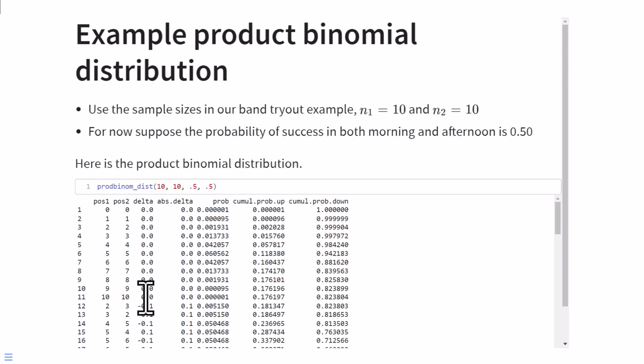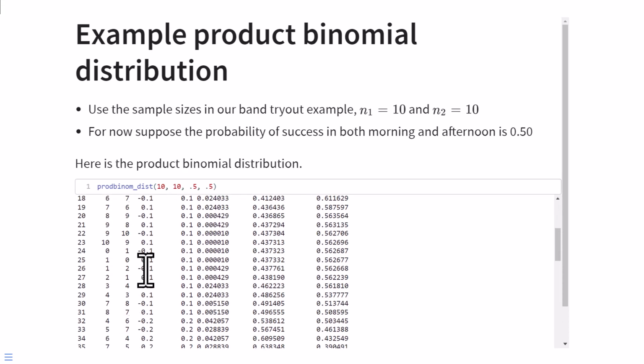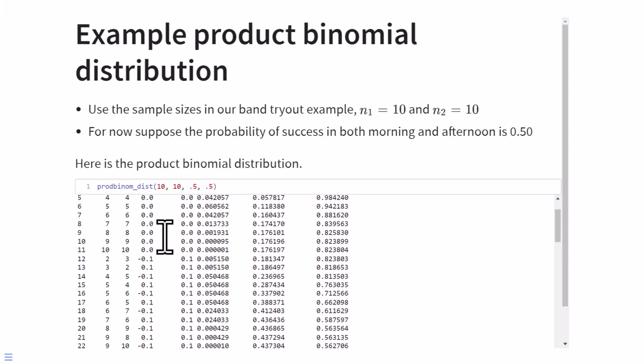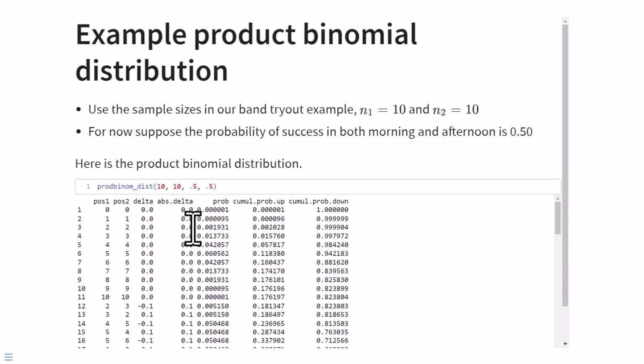And this is actually delta hat. This would be the possible differences we could observe. And then the absolute value of delta is if we're doing a two-tailed test that I'll talk more about in a moment, in which we would want to look at extreme values of delta regardless of whether they're negative or positive.